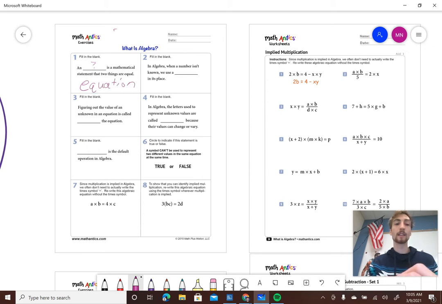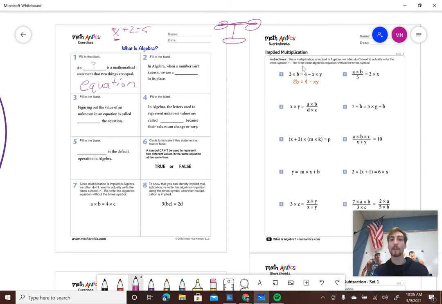So if it said like x plus 2 equals 5, that's saying that a number, which is represented by x, plus 2 equals 5. So they have to be equal. It's kind of like a balance on a scale. All right, you have to make sure that they're equal here. If we have 5 on this side, then we need 5 on that side.